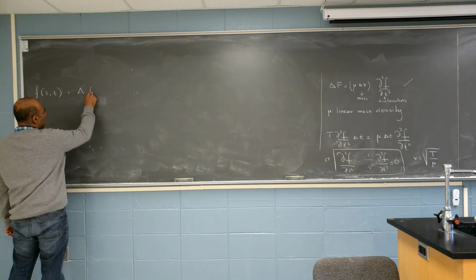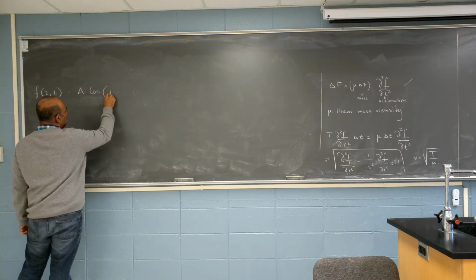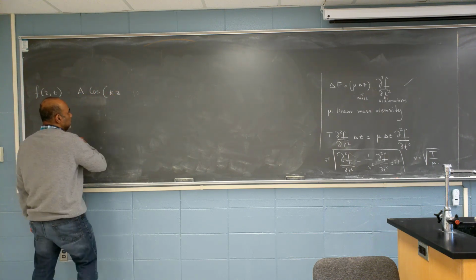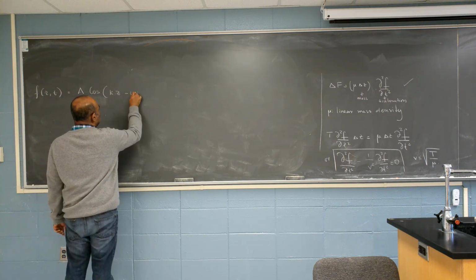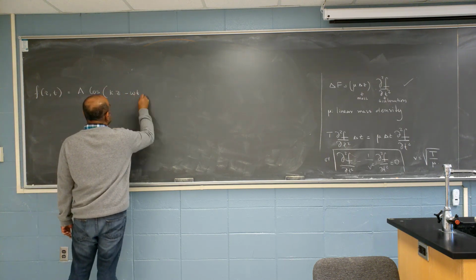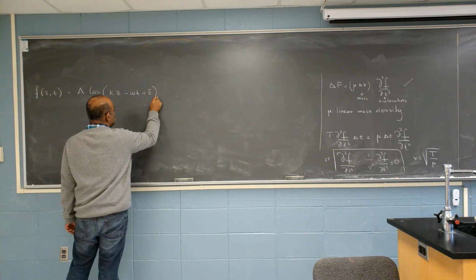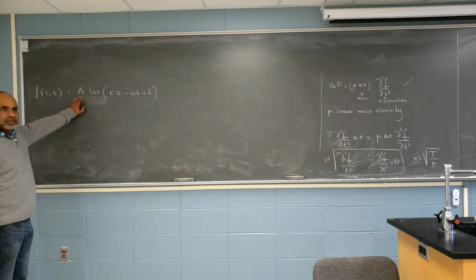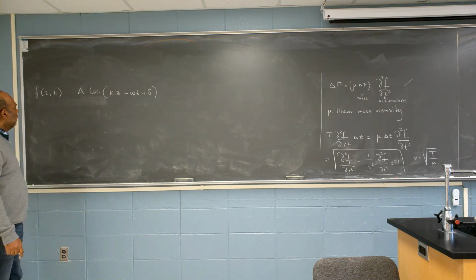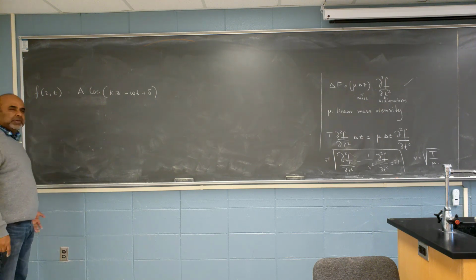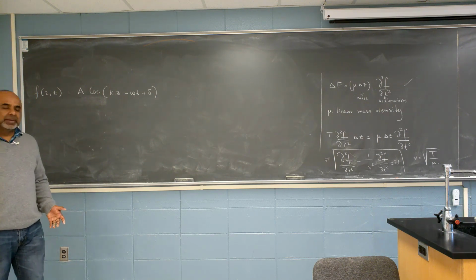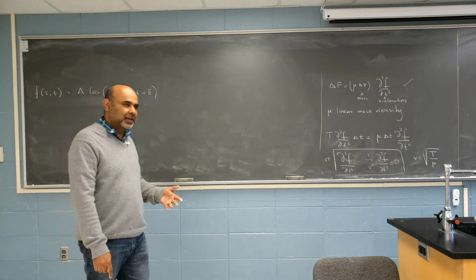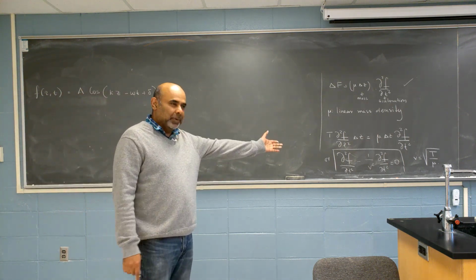So we might want to consider something like A cosine of kz minus omega t plus delta. This is the amplitude, right? The derivative of cosine is negative sine, the derivative of sine is cosine. We might have to take a couple of derivatives.